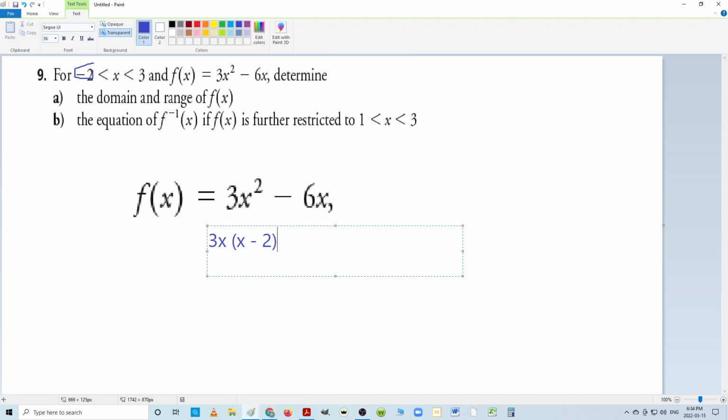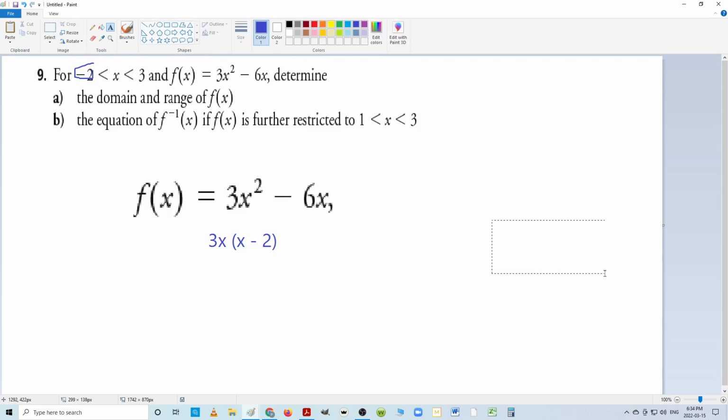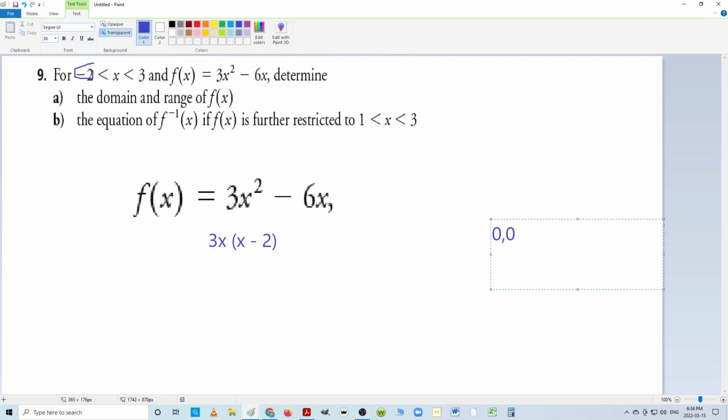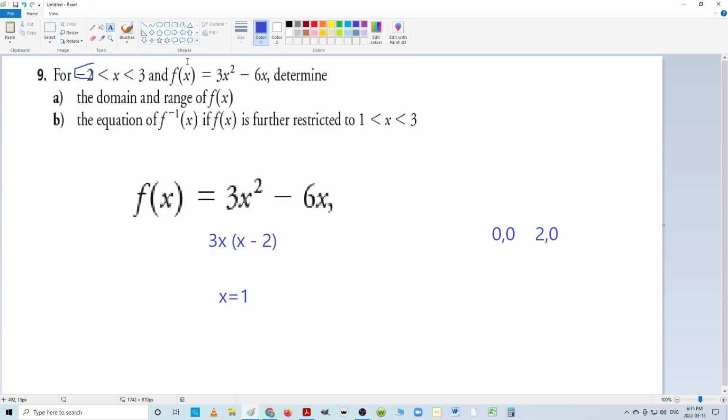So this means I have 2 points in here, (0, 0) and (2, 0), which fit within the domain, which means the axis of symmetry is at x equals 1. When I put x equals 1 in here, I get 3 minus 6, so it's minus 3.